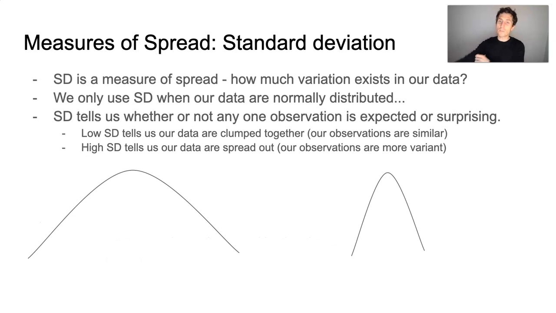So let's look at the measure of spread or standard deviation in two different distributions, both of which are normal. So it's important to note that standard deviation is something that we can only calculate when we have a normal distribution. But standard deviations tell us whether any one observation is surprising or maybe unexpected or expected.